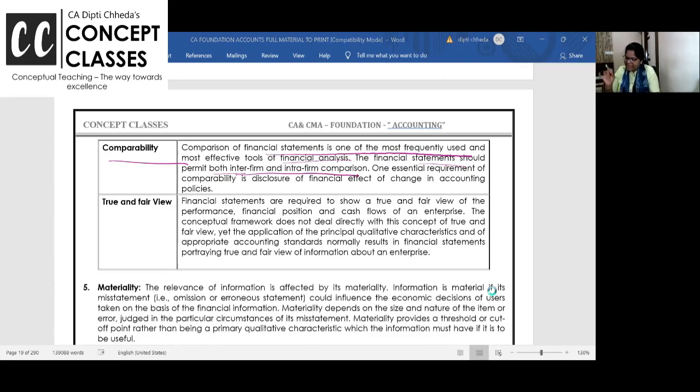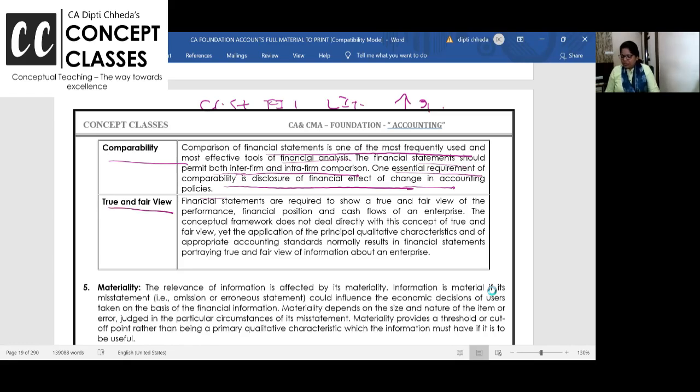One essential requirement of comparability is disclosure in the financial statements of a change in accounting policy. So I told you, when you are trying to compare your accounts, you have to show that this year's closing stock, instead of FIFO, you have followed LIFO, and that's why closing stock is inflated by 3 lakh, and that's why this. Done.